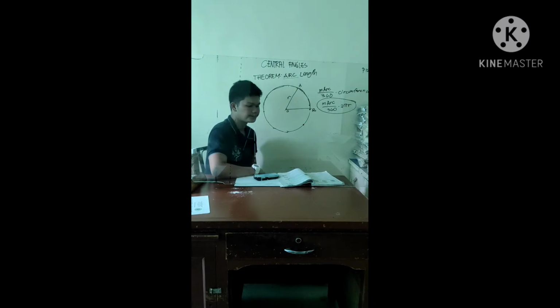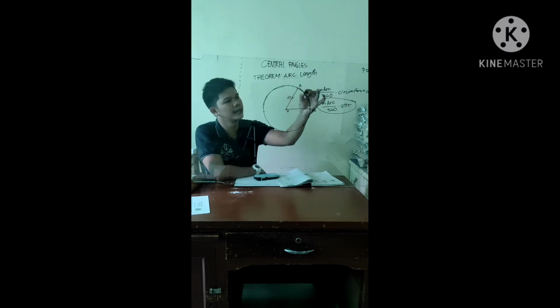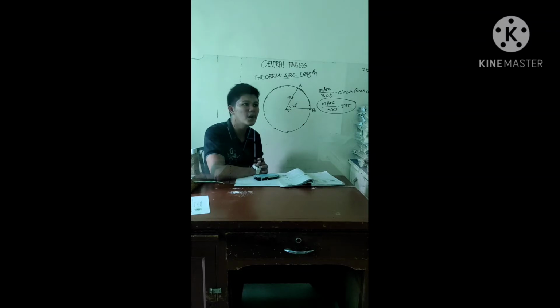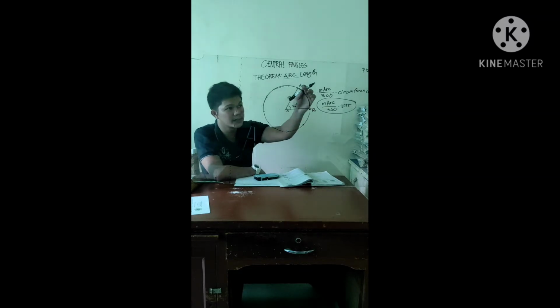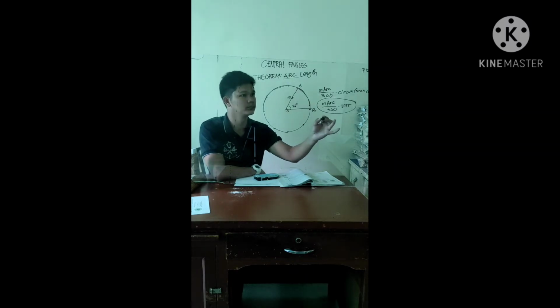So, dito, for example, we have the radius 5 and we have the angle AOB, which is 35 degrees. So, hanapin natin yung measurement ni arc AB, or arc length ni AB.